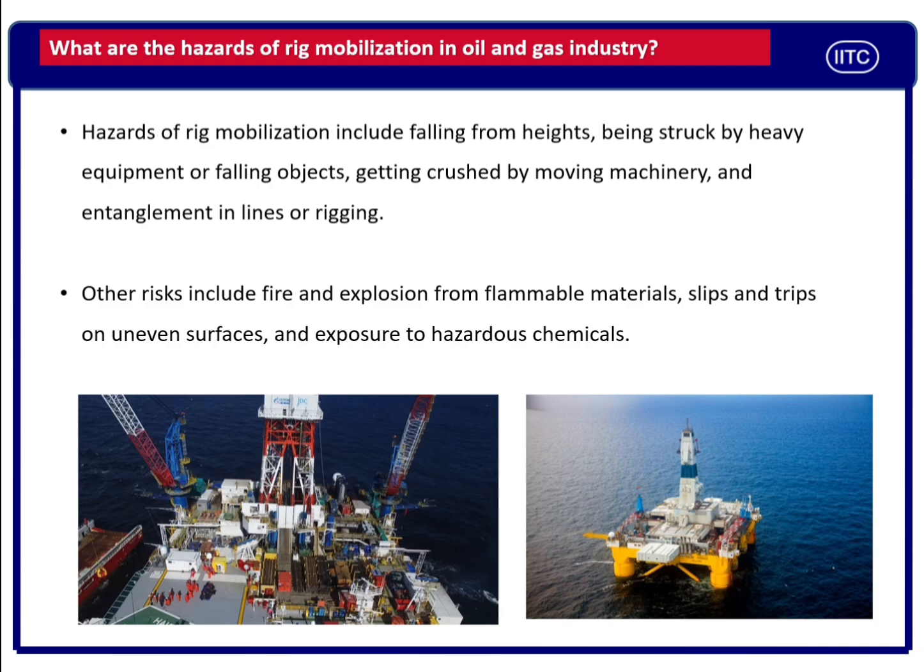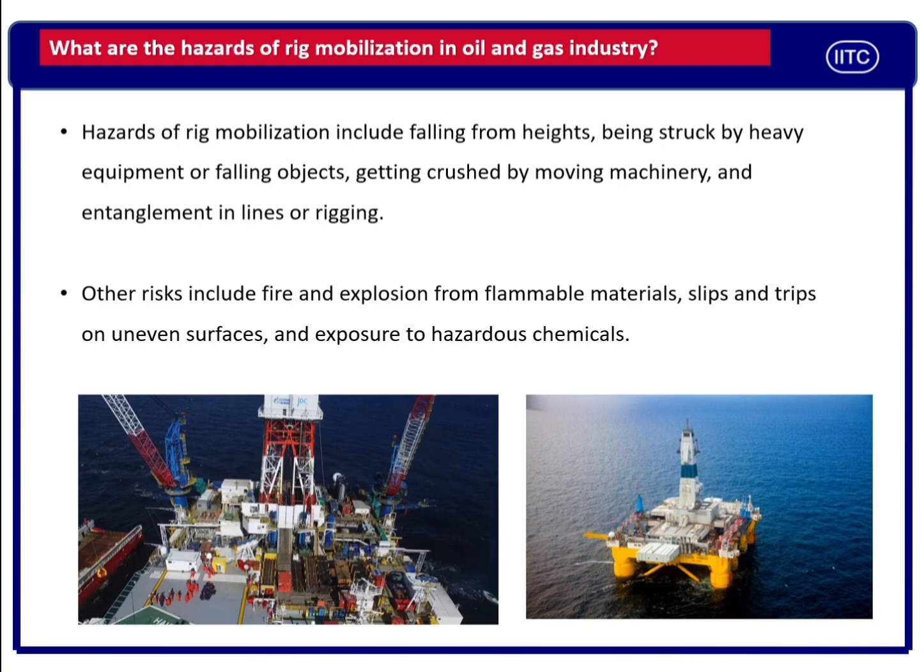Workers can fall from heights, be struck by heavy equipment or falling objects, get crushed by moving machinery, and become entangled in lines or rigging. Other risks include fire and explosion from flammable materials, slips or trips on uneven surfaces, and exposure to hazardous chemicals. So these are the hazards of rig mobilization in the oil and gas industry.